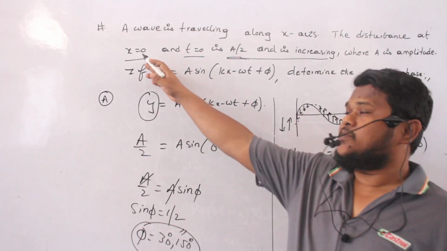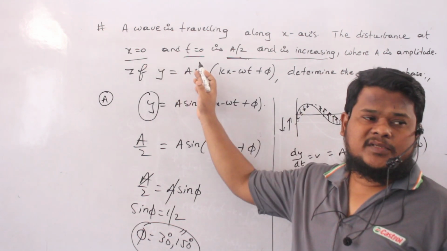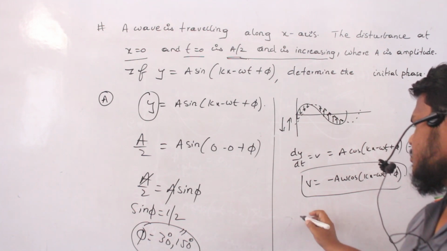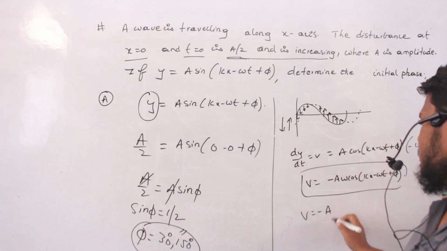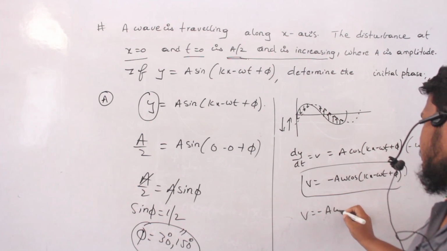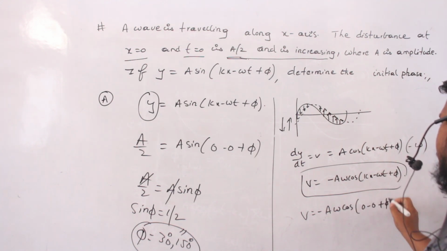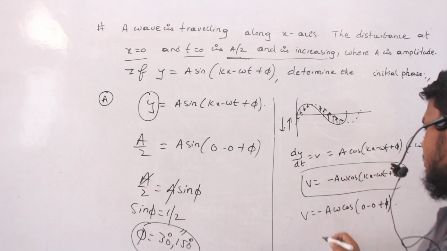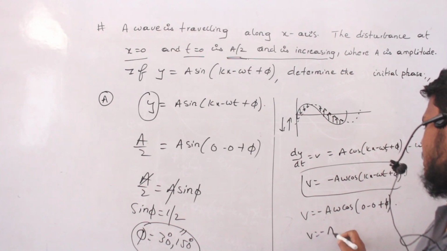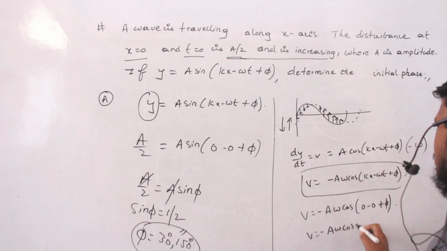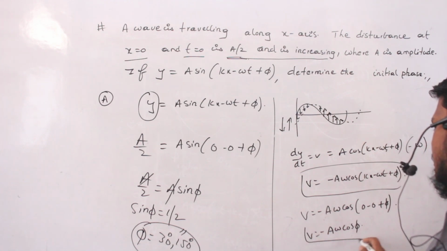We are calculating at x equal to 0 and time equal to 0, so substituting, v is equal to minus A omega cos phi. This is the relation which I got.